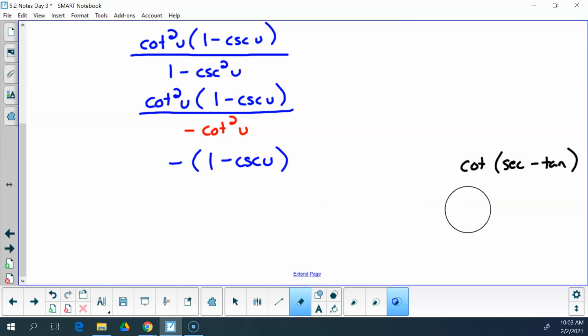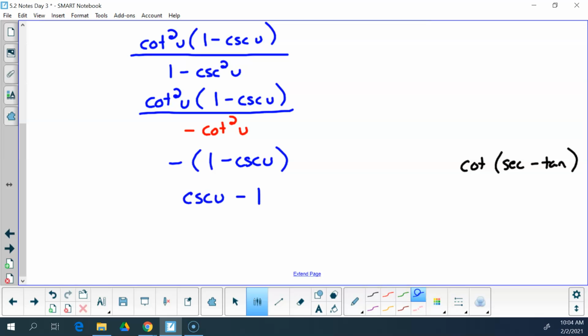Okay? Let's try something like, if I rewrote this as cosecant minus 1. I just distributed in this negative sign. So I did.